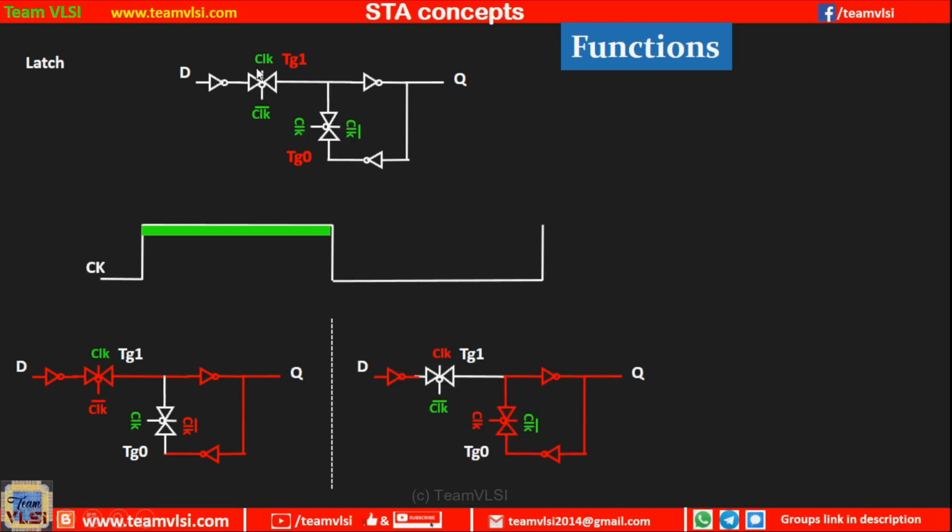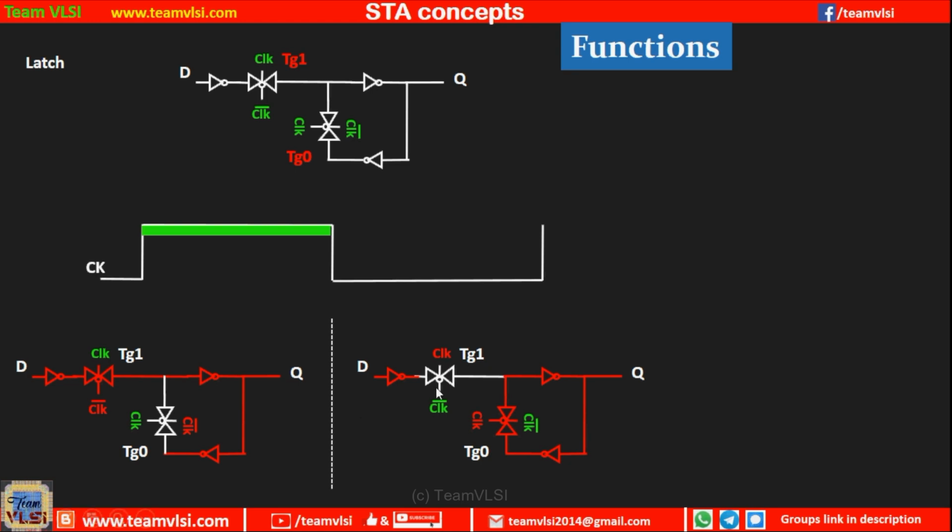When the clock is low, the opposite action will happen: this transmission gate, that is TG1, is going off and TG0 is going on. So what will happen? The output is disconnected from the input D, and whatever value was at the Q will be retained.